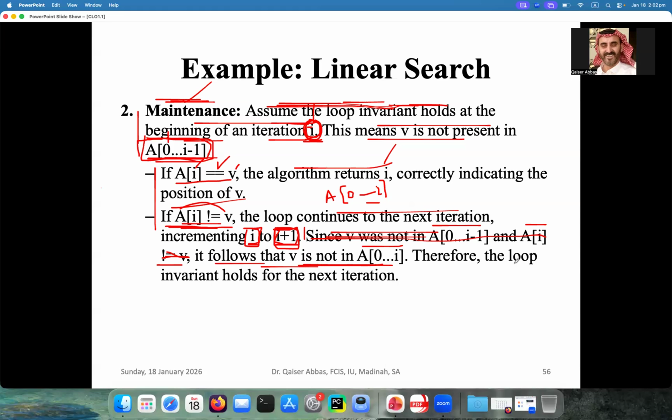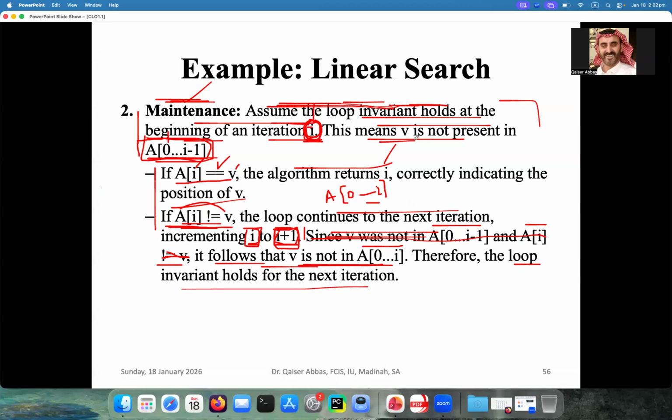And then finally, you can say, okay, the loop invariant holds for the next iteration. Because we are assuming here the loop invariant holds at the beginning of iteration i. This means V is not present in the previous iterations. What does it mean?